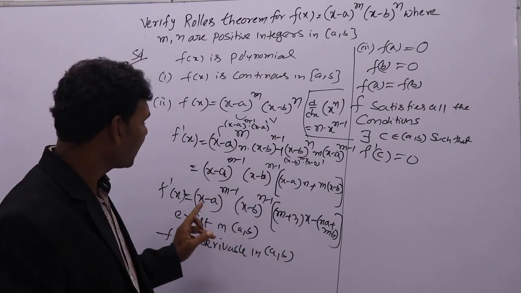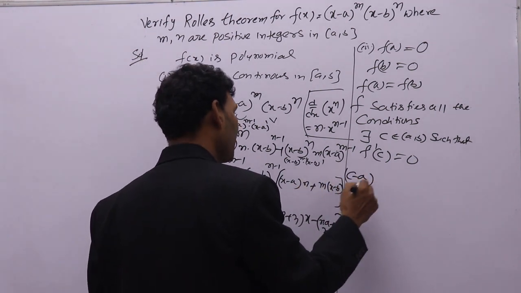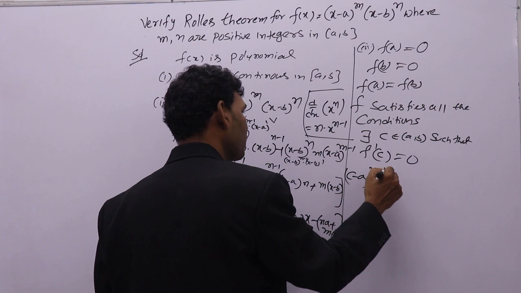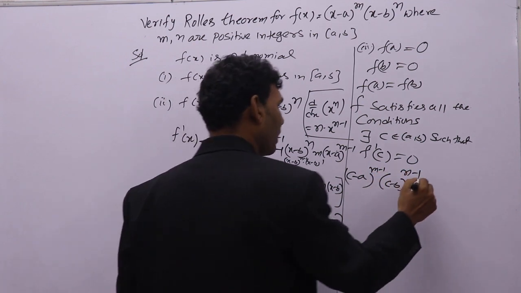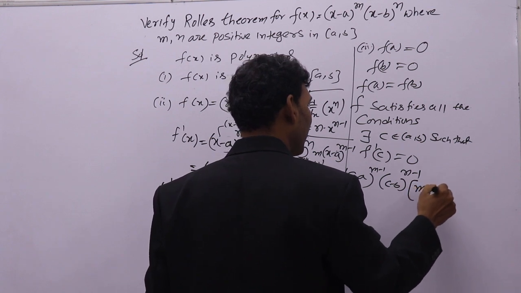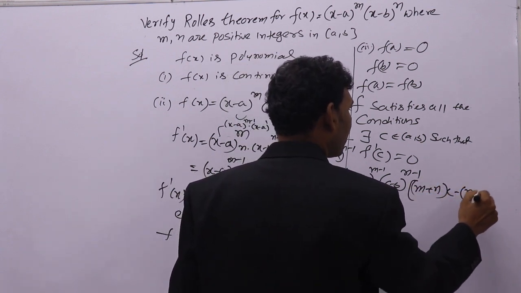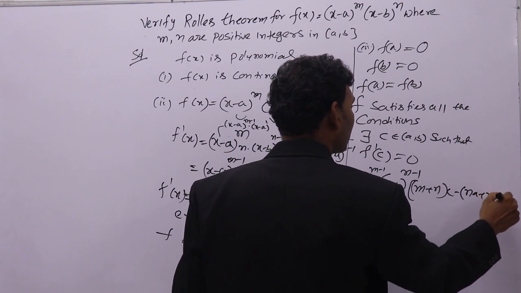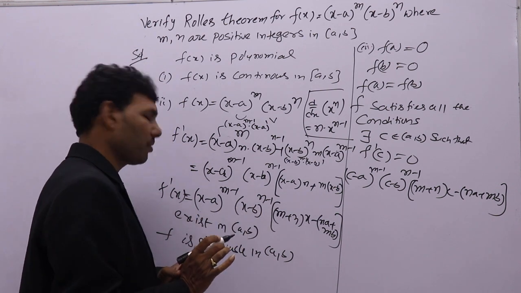So in this, write c in the place of x: (c minus a) whole power m minus 1 into (c minus b) whole power n minus 1, into (m plus n) into c minus (na plus mb). Here I wrote c in the place of x, nothing more.